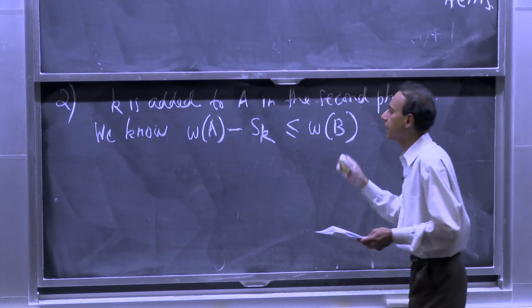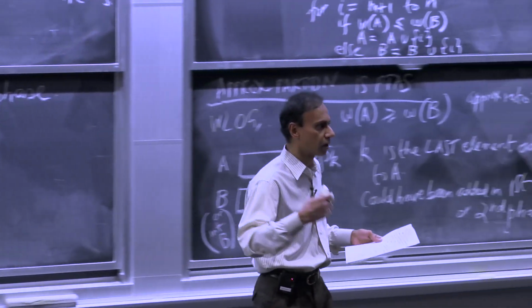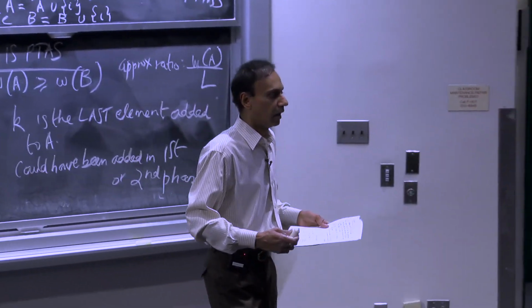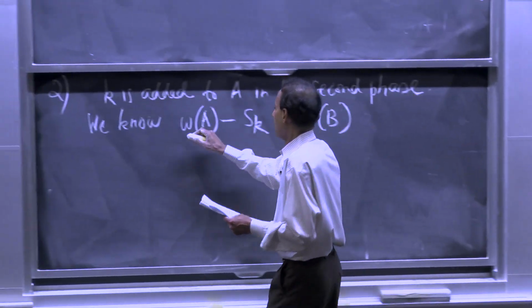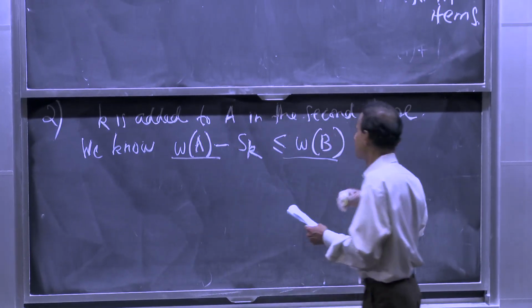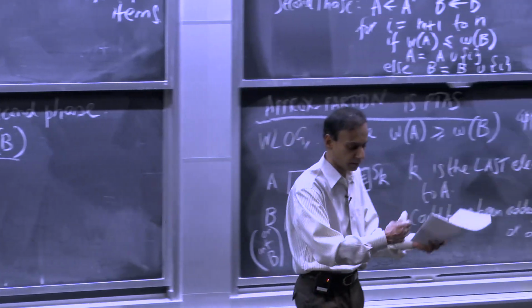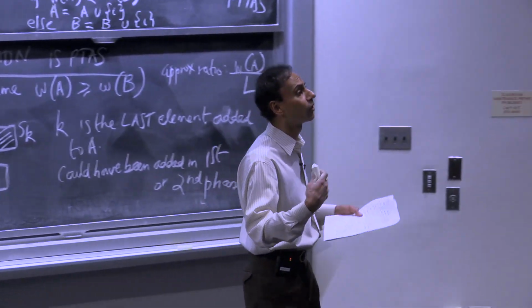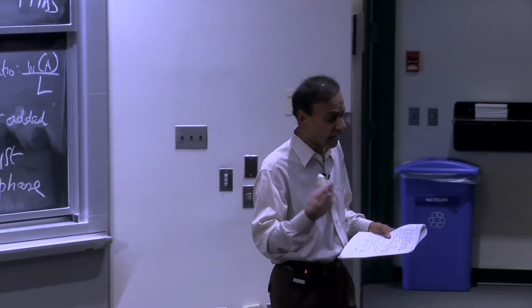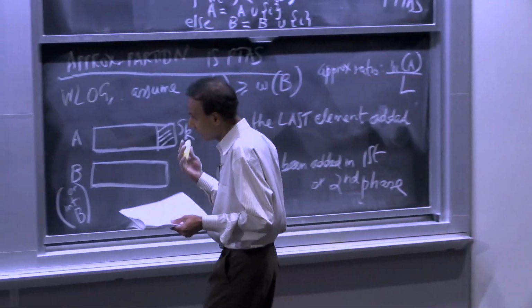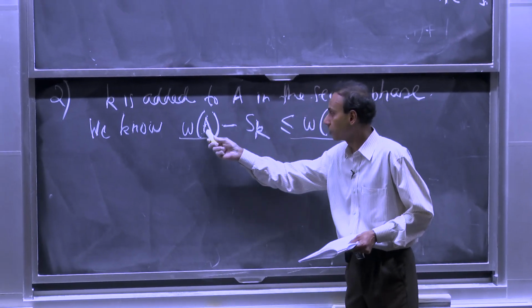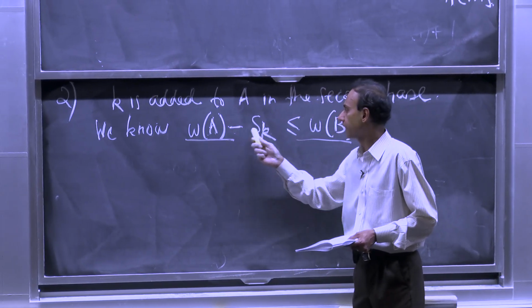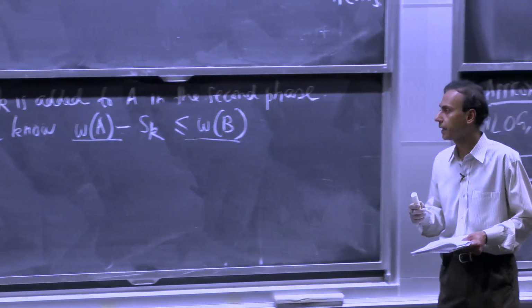So think of A and B here as being variables that are obviously changing. This is the algorithm where A and B, you constantly look at them and decide which way to go. But if you look at the last step, at the final values, then you can certainly make the statement that WA, the resultant value, minus SK, should have been less than or equal to WB.